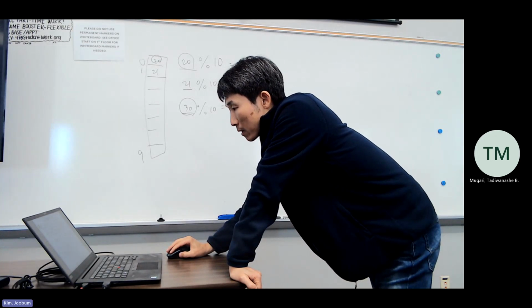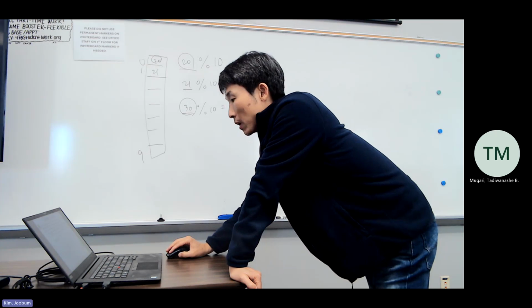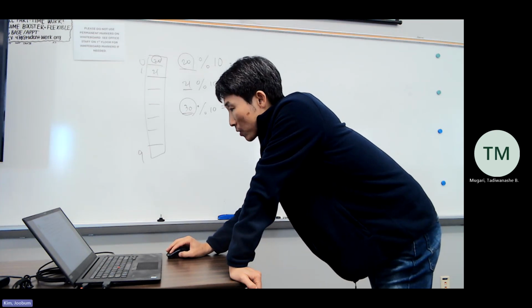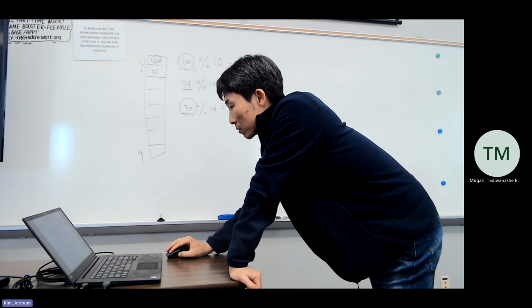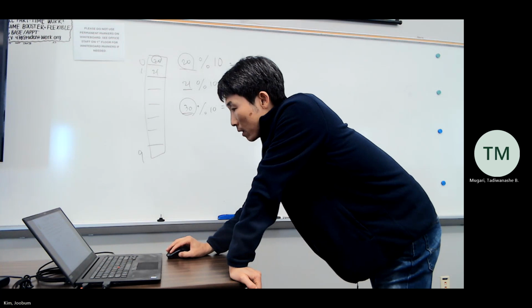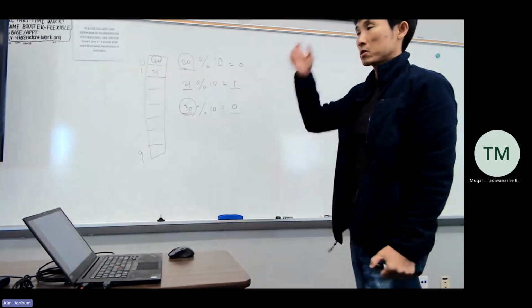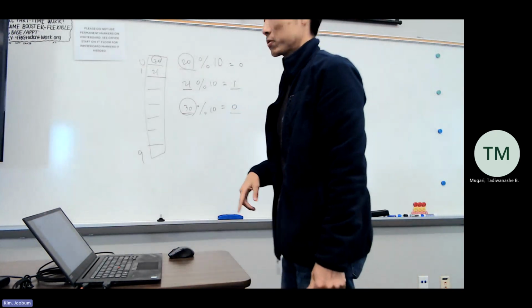For the first try, J equals 1 means 1 squared. Okay, go there, but it is occupied, and for the second try the increment is 2 squared, 4. So from the original position, 1, 2, 3, 4, index 8 is available, so 26 is inserted there. This is quadratic probing to avoid the clustering problem.